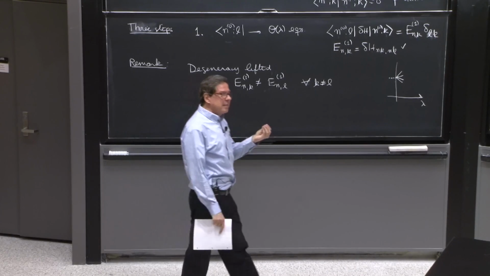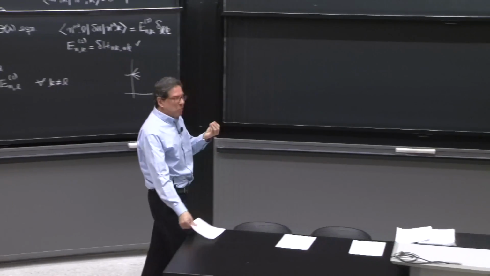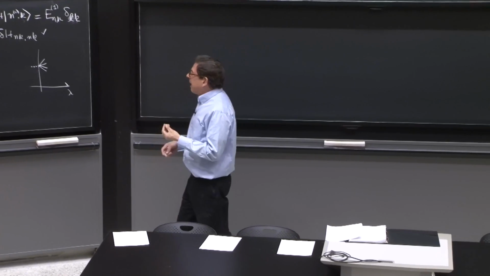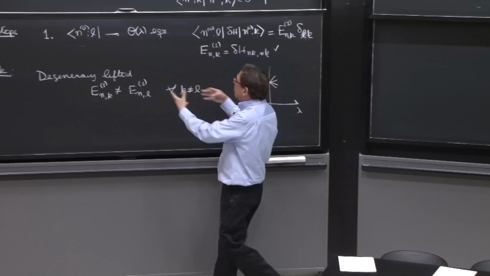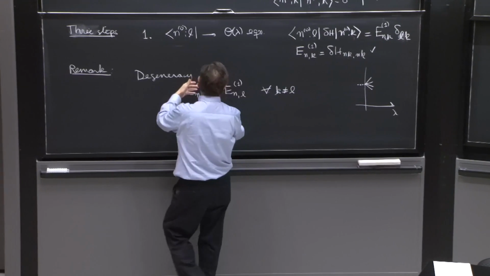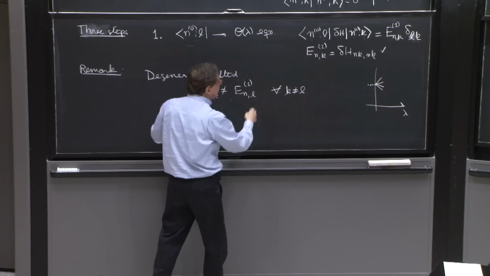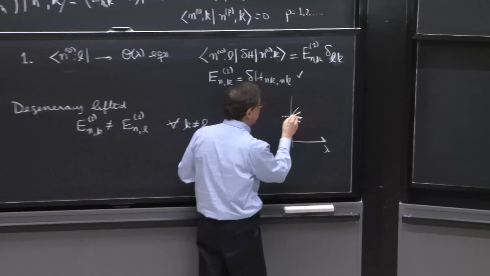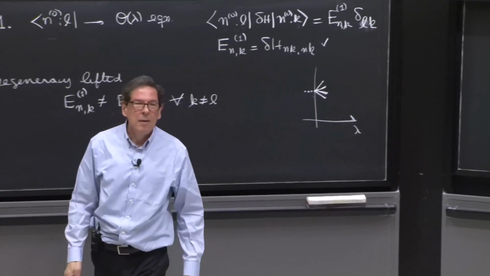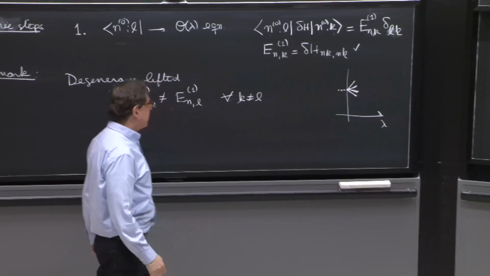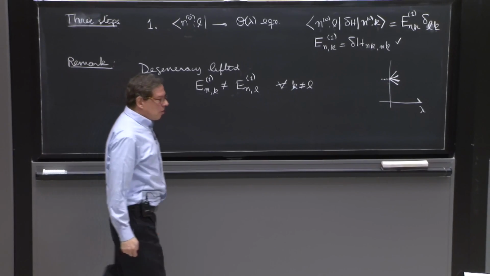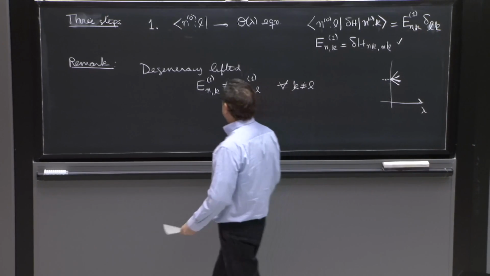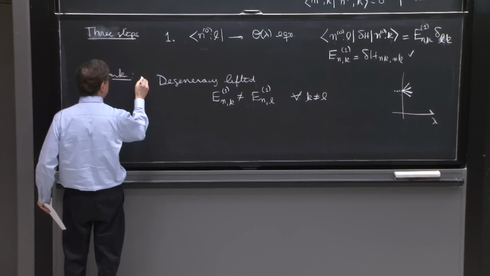And that means that you found what we will call a good basis, a basis of states that diagonalizes delta H, and already the states have split. You can now follow each of them and see what happens. You know what the preferred basis is. So this is nice, and this is our first remark.